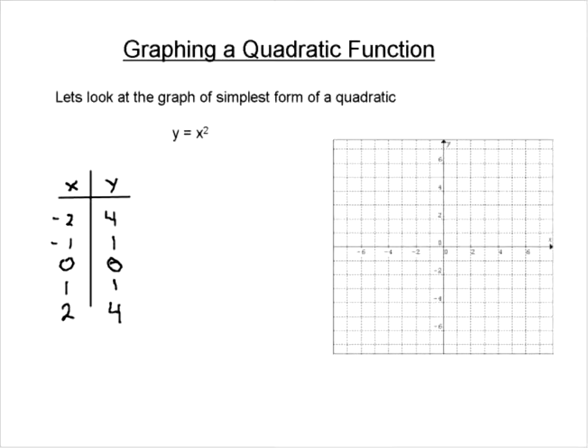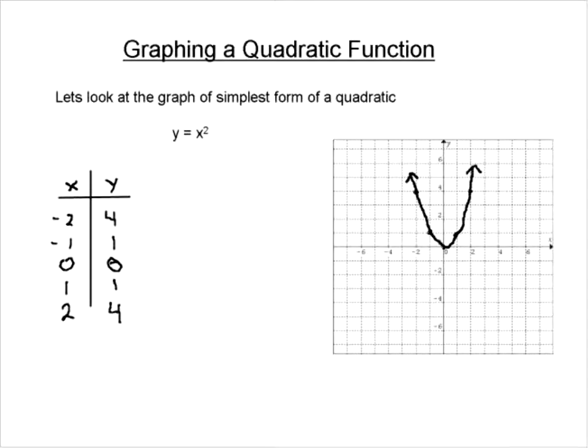So now we go to our graph and we can plot our points. We want to be careful when we plot our points to make sure we're getting these points correct. We're just putting in our values from our table of values. And with a graph, we want to connect those dots as best we can with a function that looks like so.